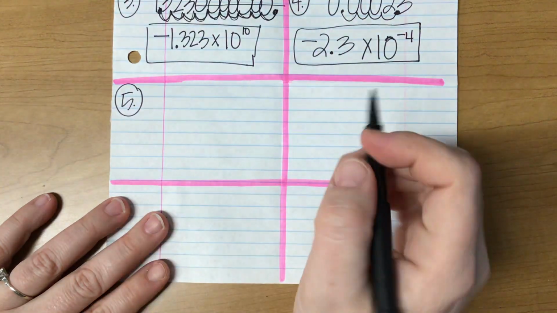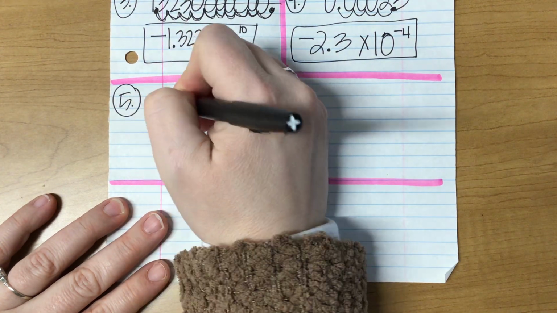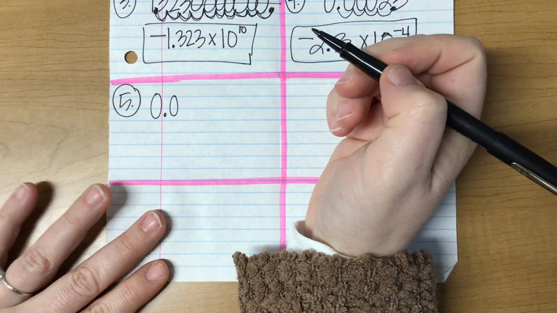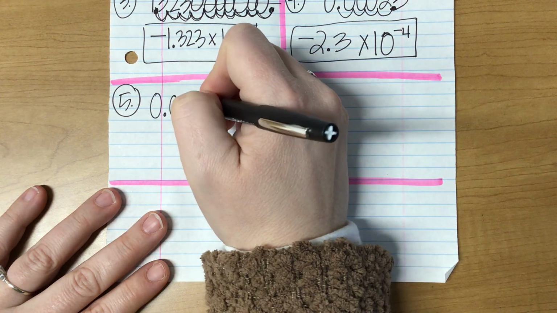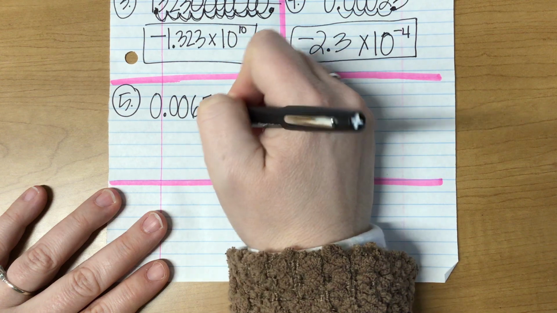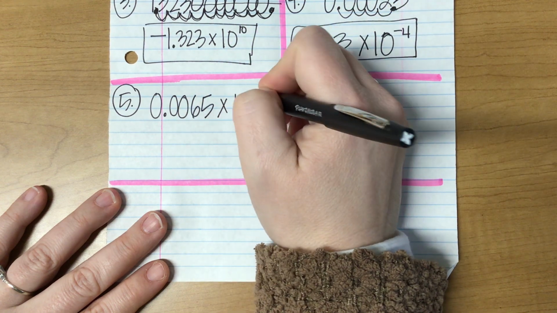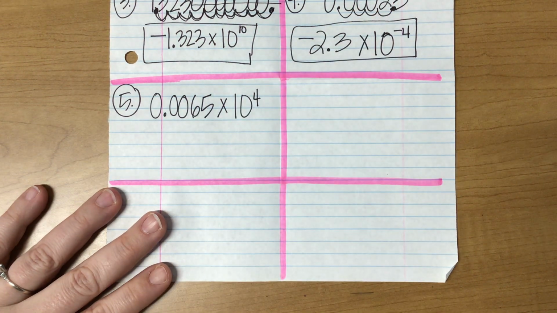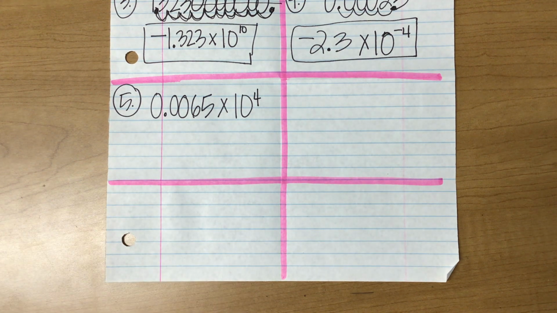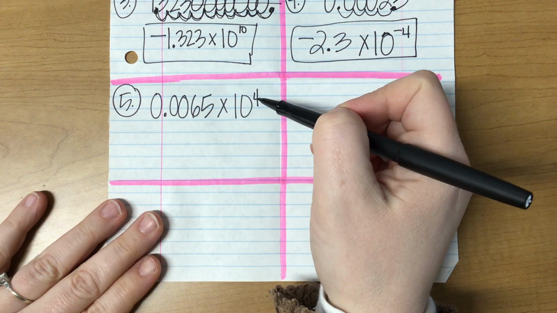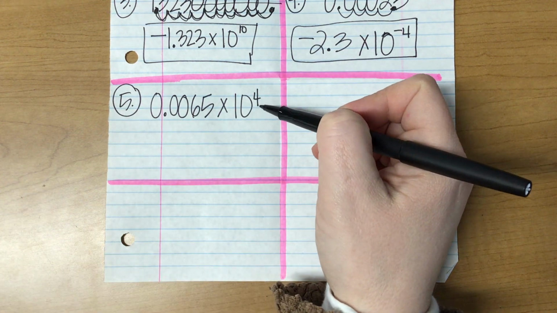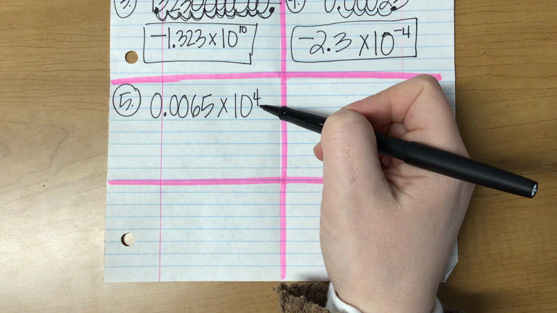All right, let's fix some scientific notation. 0.0065 times 10 to the 4th. This problem has a positive exponent, so it tells me it was a big number.